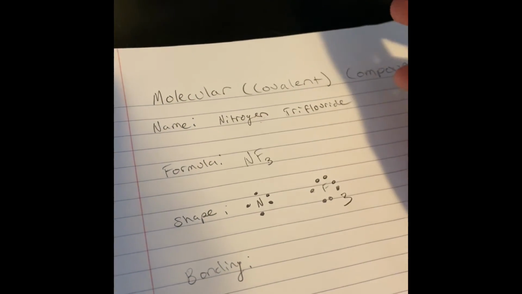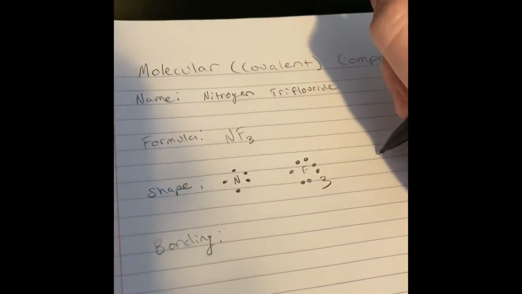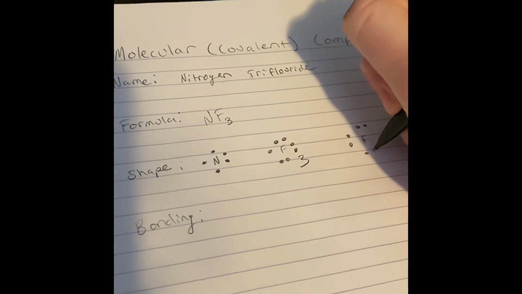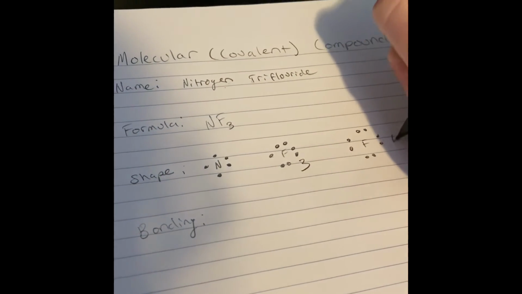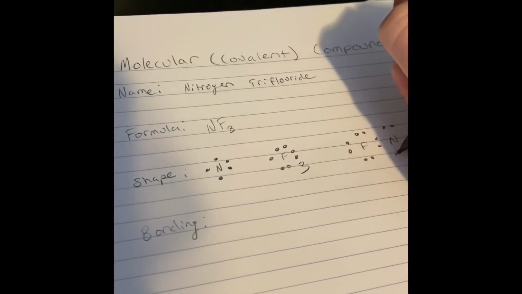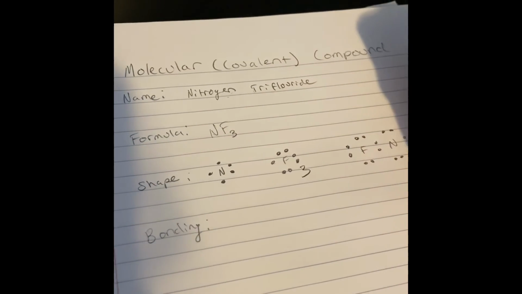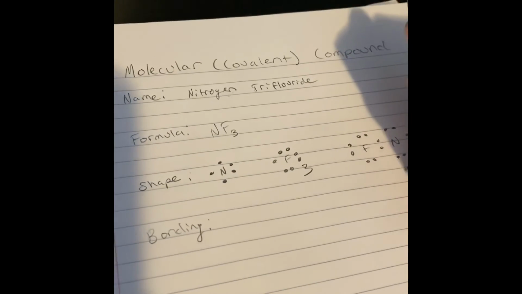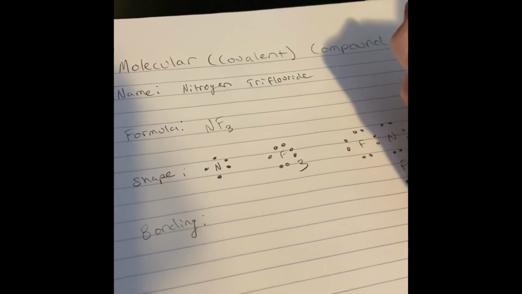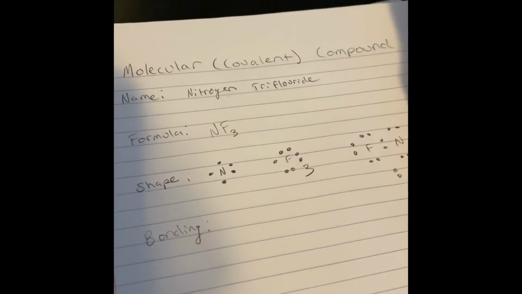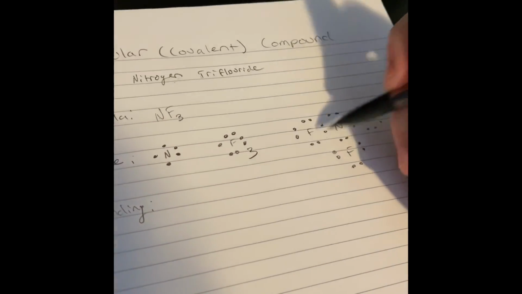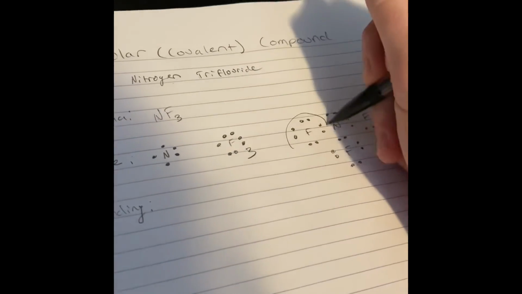So the final shape looks something like this. And as you can see, just like the previous example, the outer shells of each atom are completely filled.